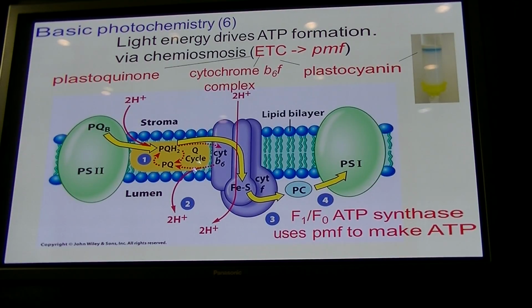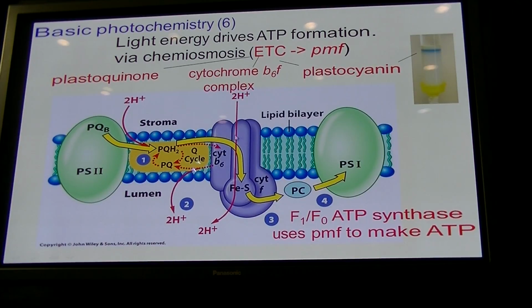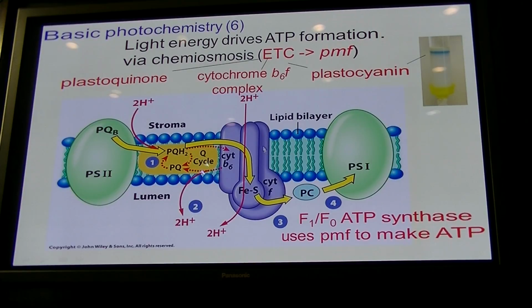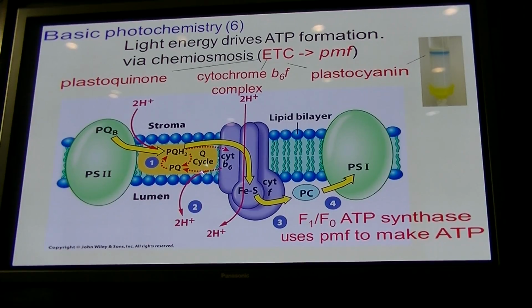And this is very similar in subunit composition, in architecture, and is identical in function to the cytochrome bc1 complex that is active in the respiratory chain of mitochondria. This is essentially complex 3 of the mitochondrion. It's functionally the same thing and architecturally almost the same thing.